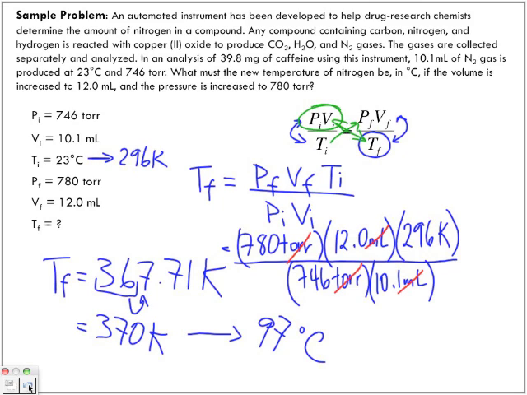Your best bet though, I'm going to tell you now, is to convert this answer first into degrees Celsius with all the digits, because the question asks for degrees Celsius, and then simplify your answer to 2 significant digits. Otherwise you're technically simplifying before you get to the final answer.